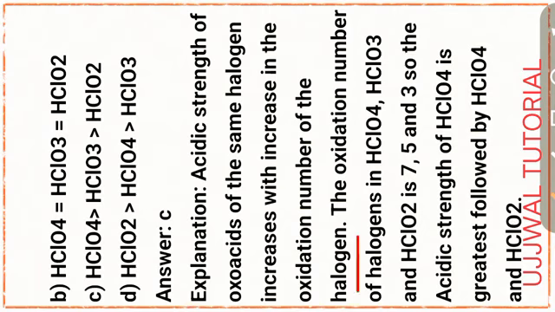The oxidation number of chlorine in HClO4, HClO3 and HClO2 is 7, 5 and 3. So, the acidic strength of HClO4 is the greatest, followed by HClO3 and HClO2. Okay.